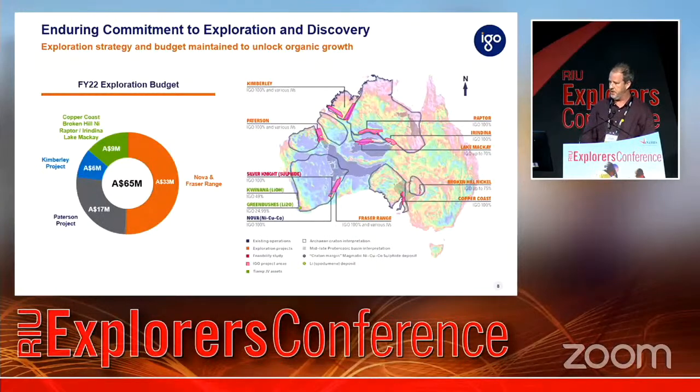We've obviously secured a portfolio of belt-scale land holdings across Australia over known and also emerging greenfield nickel and copper terrains, predominantly in Western and Northern Australia. Together with a best-in-class team, access to the best science, and a $65 million budget commitment, we have all the ingredients to drive transformational value creation through discovery.